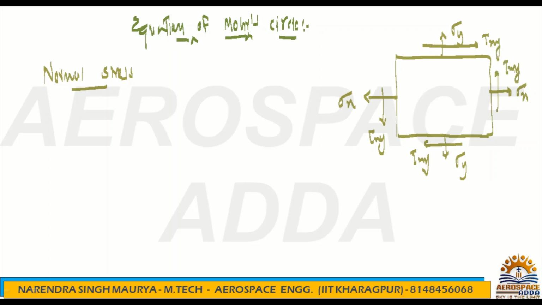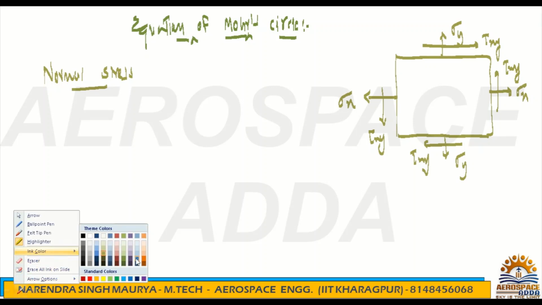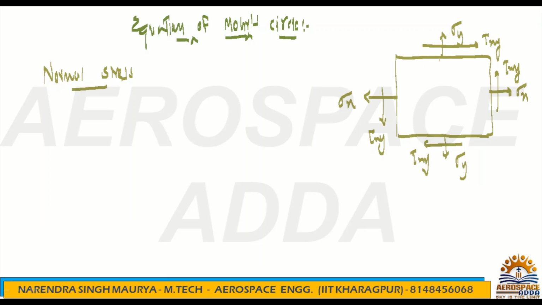Now for this particular case, we can draw one oblique section for this particular plane. So this is the oblique section. From vertical it is making angle theta. This is the oblique plane, and on the oblique plane we have a normal stress sigma n, and a tangential stress, which is shear stress, which is nothing but tau.